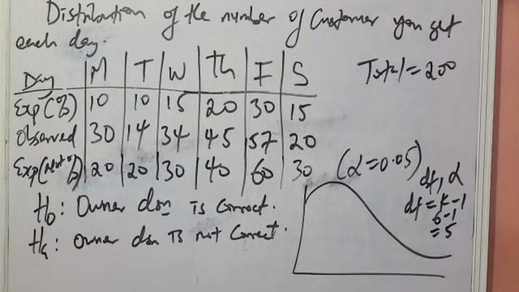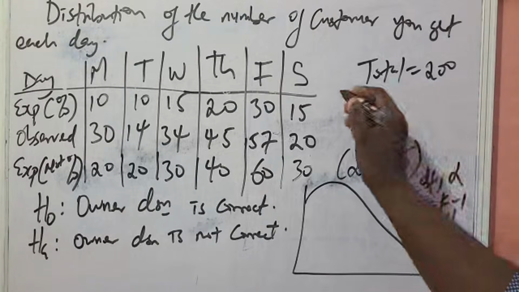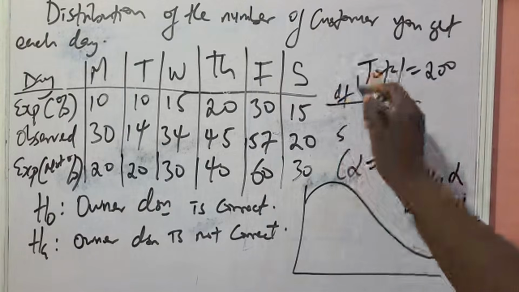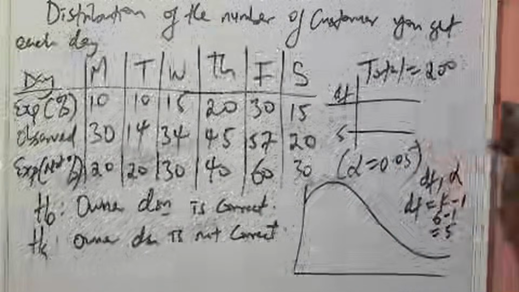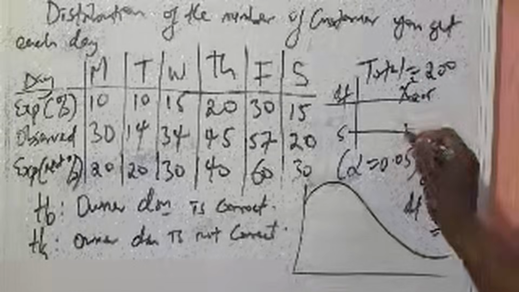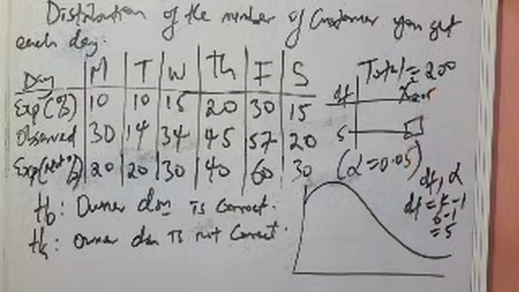5. So now what you want to do is go on your table, go under degree of freedom. You want to check for 5, and you want to cross that with the chi-square for 0.05. Whatever value you get under that is what you're going to be picking.